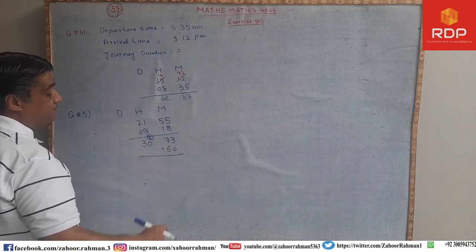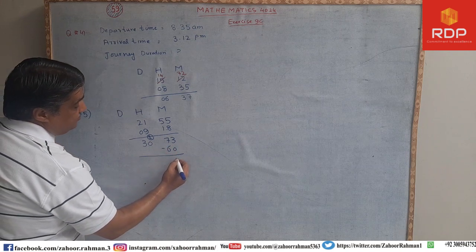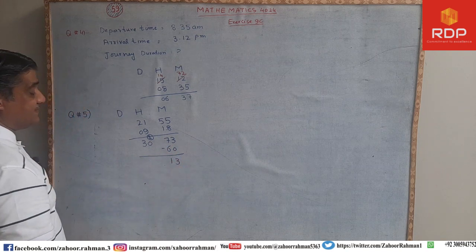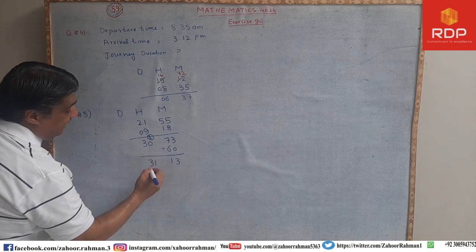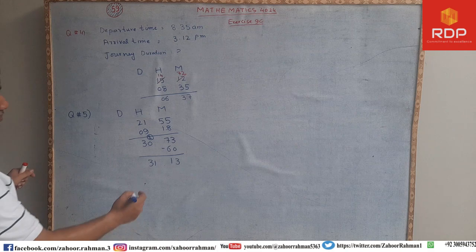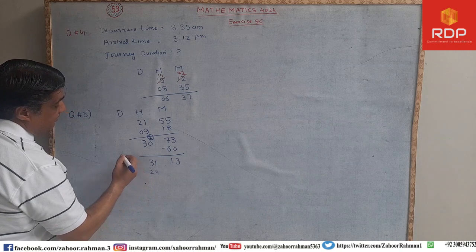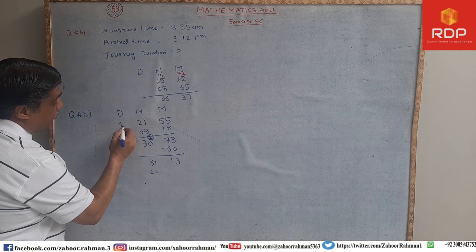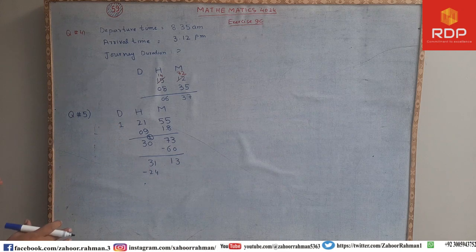So now we have to subtract this 60 minutes, so 3 and it is 13, and it will be now 31 hours. Now from 31 hours you have to subtract 24 and give 1 to the day, because when these 24 hours go to the day column, it becomes 1 day.